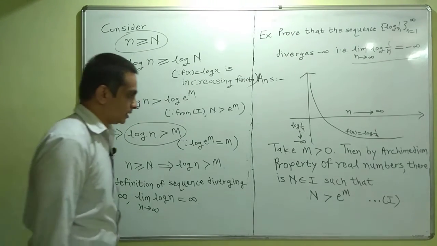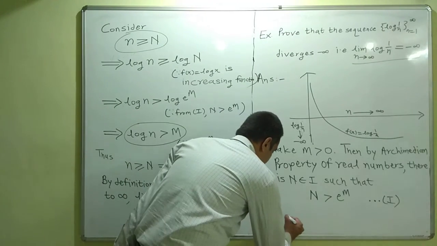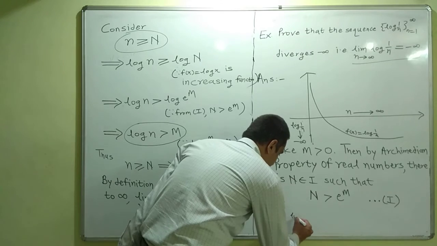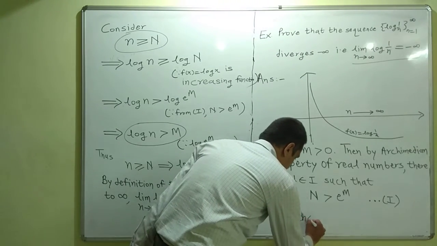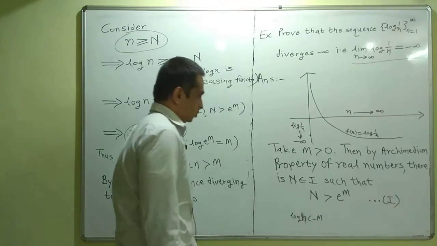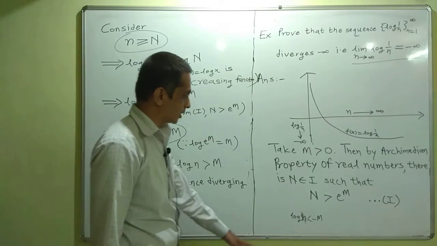Here we have to establish that log of 1 by n is less than minus m. With a little observation you can see that the same m is going to work.